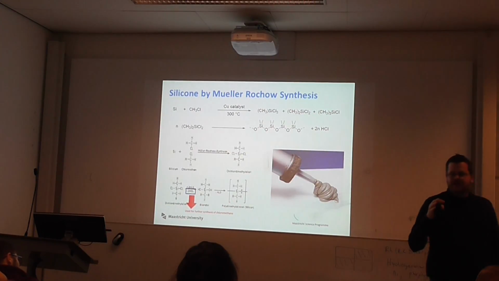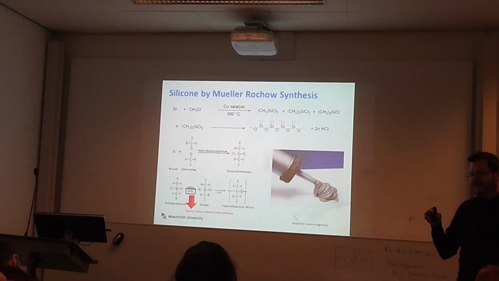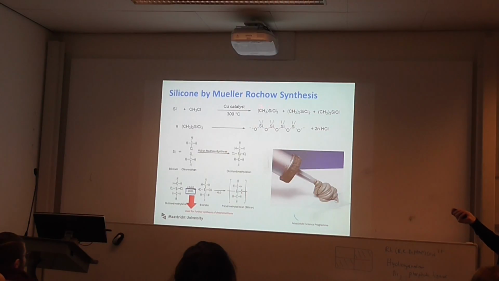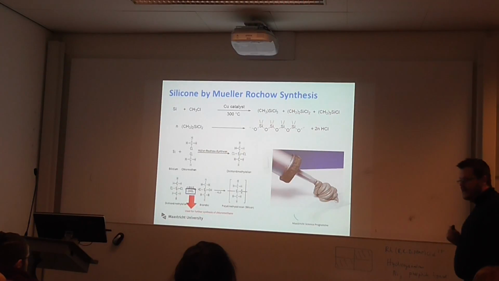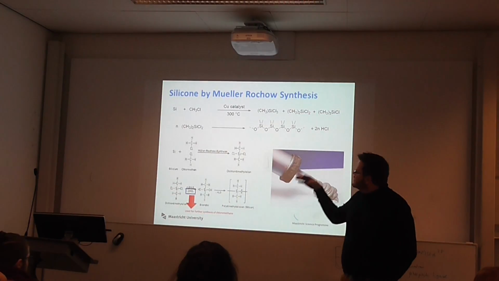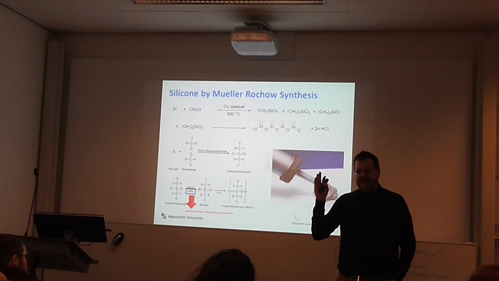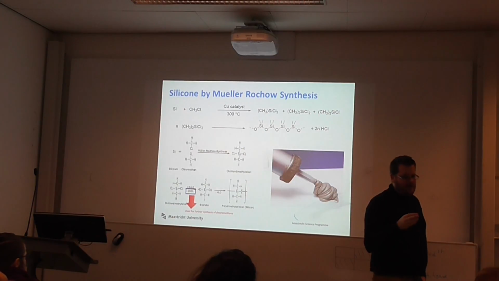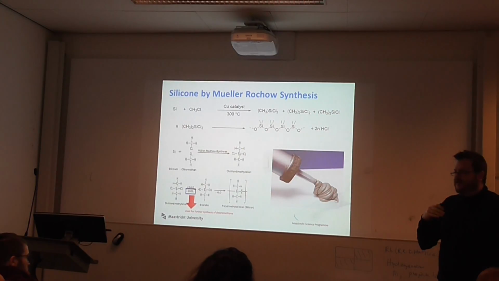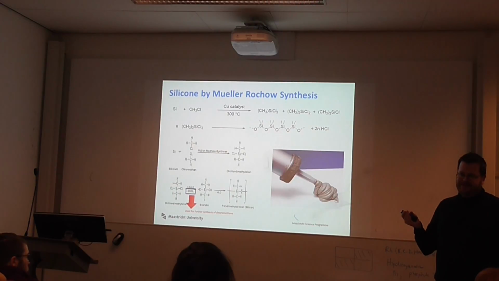Now, the fundamental process going on in this Rochow synthesis is very interesting from a fundamental perspective, because this process is as old as the hills and has been used since time immemorial, but scientists always speculated what the mechanism of the reaction was.